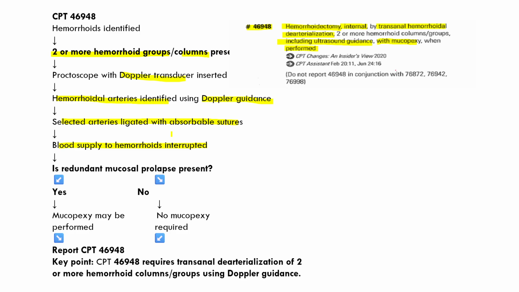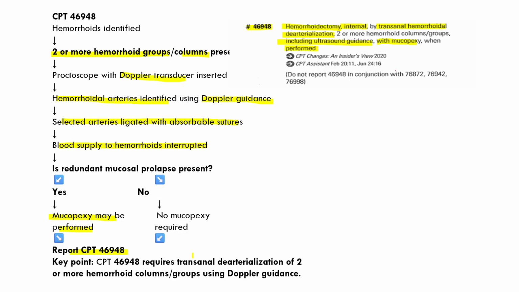So after suturing, there will be no blood supply to the arteries which supply the blood to the hemorrhoids. If mucosal prolapse is present, he might perform mucopexy. So you can report CPT 46948.